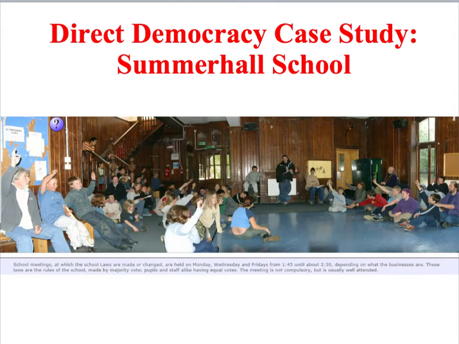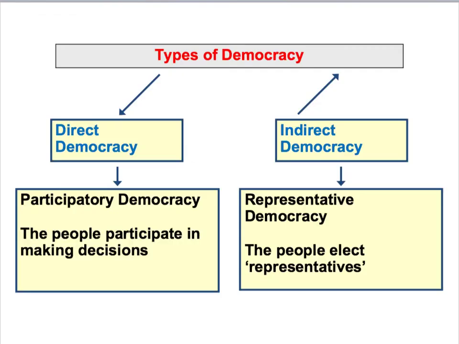They have meetings on a regular basis, and the laws of the school are democratically made within these decisions, and every member of the school community, so that means both pupils and teachers, can come to these meetings, raise issues, and everybody has one vote. So in class we'll look at this case study in a bit more detail, and we use it to identify some of the strengths and weaknesses of direct democracy.